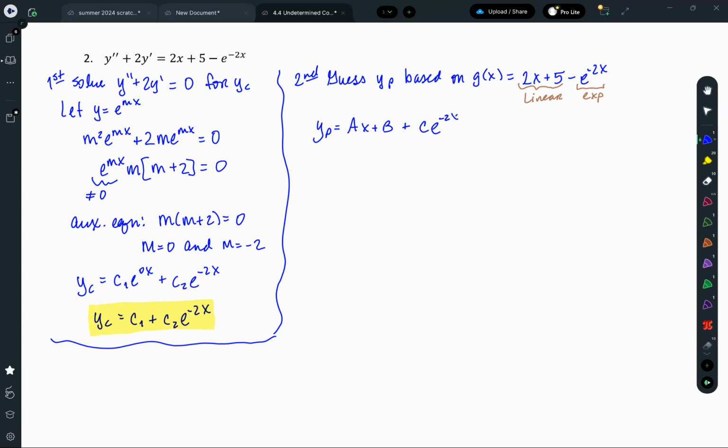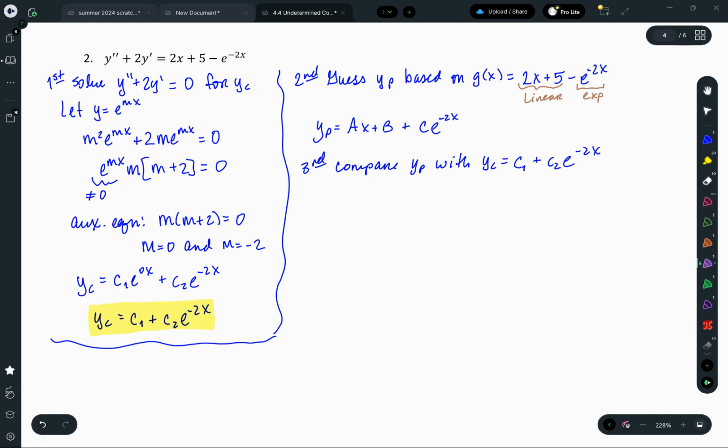Okay, now the third thing will be to compare y sub p with y sub c equals c1 plus c2 e to the minus 2x. Well, I'm looking at this c1. I'm going to use a different color. This c1 right here looks an awful lot like this b, but b belongs to the whole linear family, right?